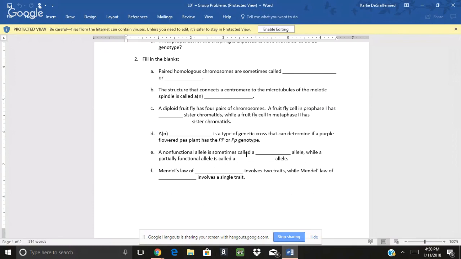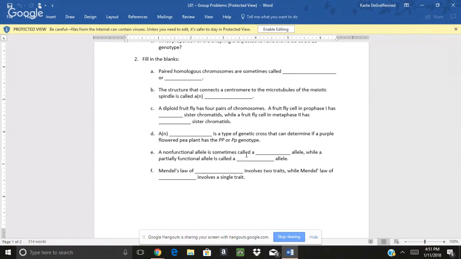C, a diploid fruit fly has 4 pairs of chromosomes. A fruit fly cell in prophase 1 has 8 sister chromatids, while a fruit fly cell in metaphase 2 has 4 sister chromatids.